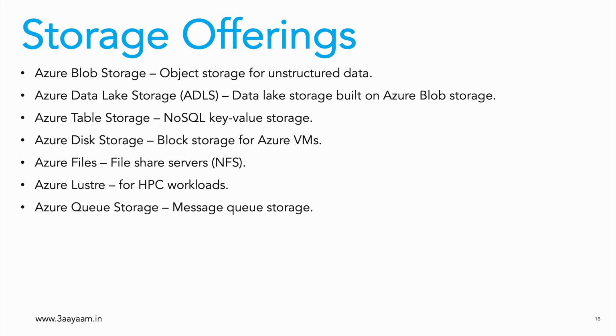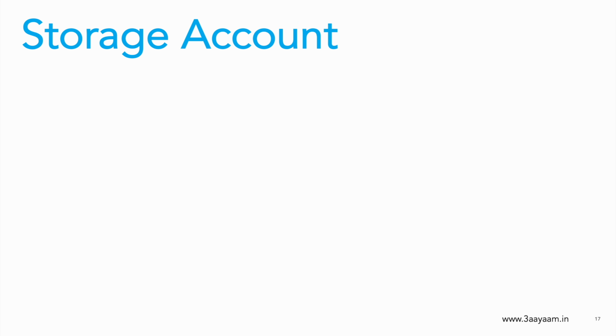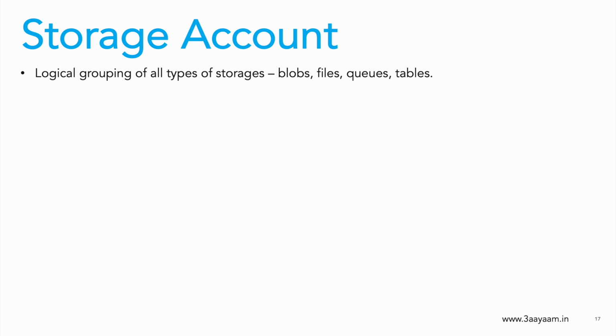To leverage all these storage offerings, Azure Blob Storage, ADLS, table, file, and queue storage, you need to have something called a storage account. This is essential for services and applications to use any one of the storages. So it is a logical grouping of four types of storages: the blob storage, file storage, queue storage, and table storage.